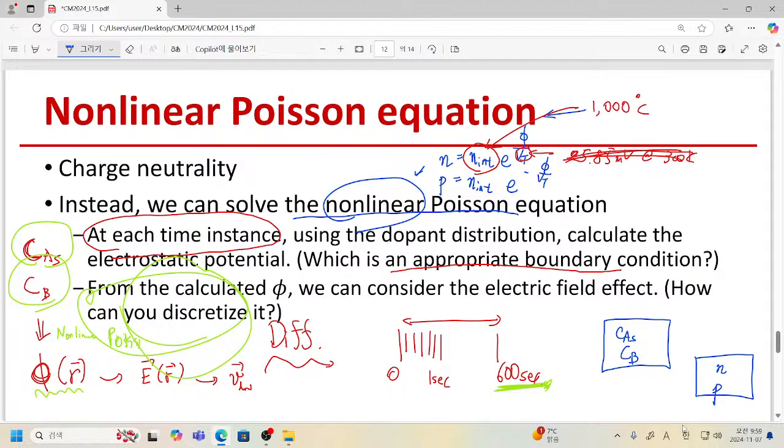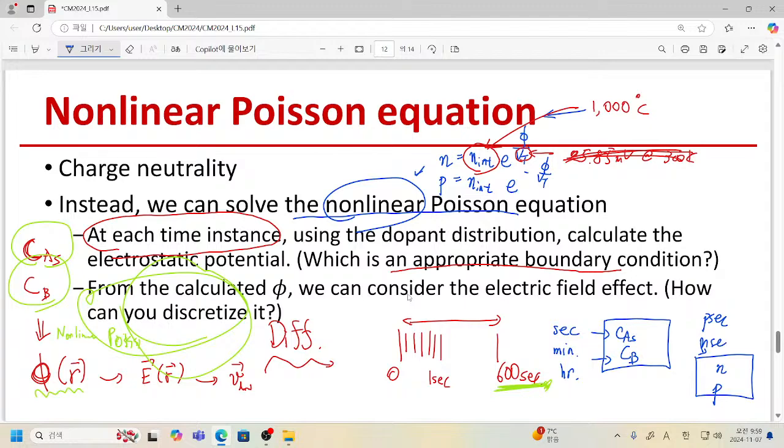Please think about the relevant time scales of these two systems. In this case, the time scale is a few seconds or minutes or hours. And in the case of our electron and hole system, what is the relevant time scale to respond to a certain change? This will be just the picosecond or nanosecond range.